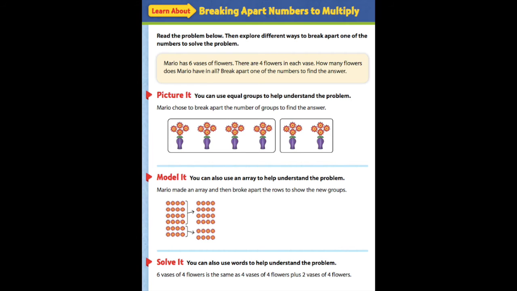And the arrows are pointing to each of those models that he broke up. Alrighty, so now it says you can also use words to help you understand the problem. So it says 6 vases of 4 flowers is the same as 4 vases of 4 flowers plus 2 vases of 4 flowers.